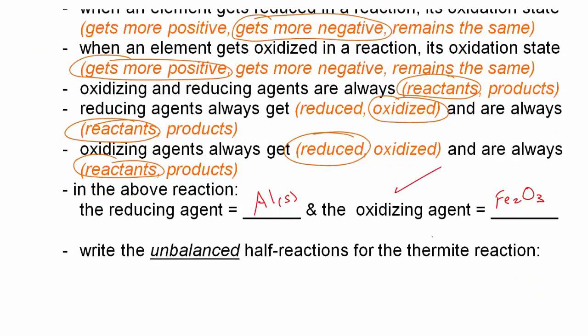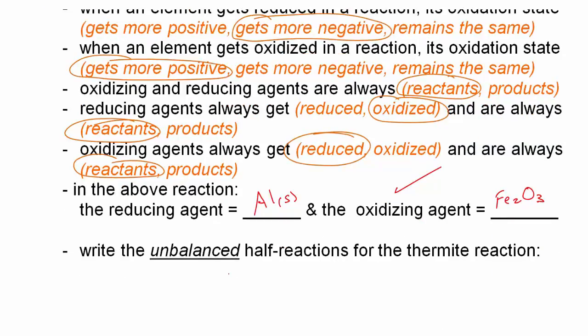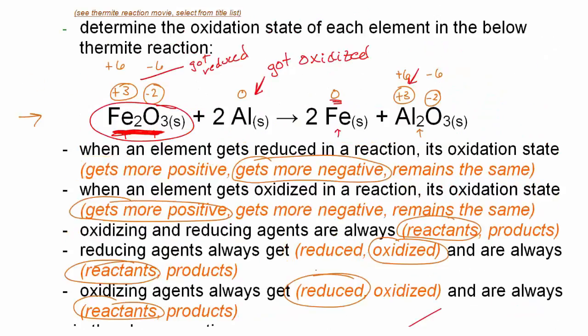Write the unbalanced half reactions for the thermite reaction. So all we're doing in half reactions is identifying each reactant and then what it went to. For example, we've got Fe2O3, and what did it go to? It went to iron.